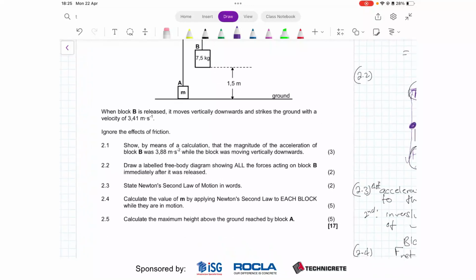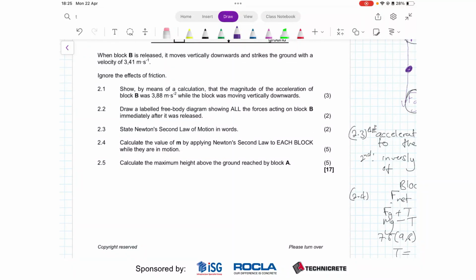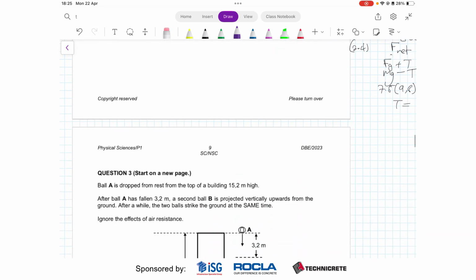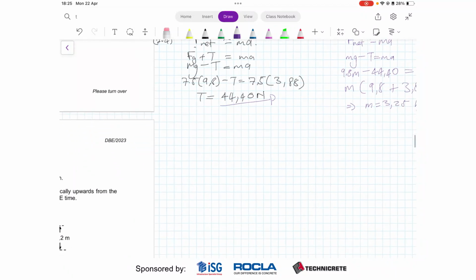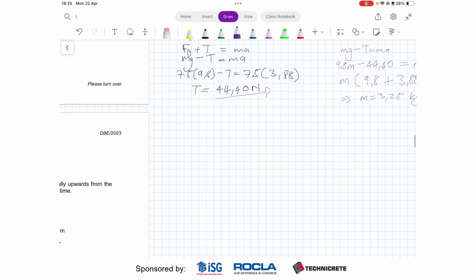We're on 2.5. Calculate the maximum height above the ground reached by block A. Okay? So the simplest one for this, we may choose upwards as positive. Let's choose upwards as positive to make things interesting, okay?